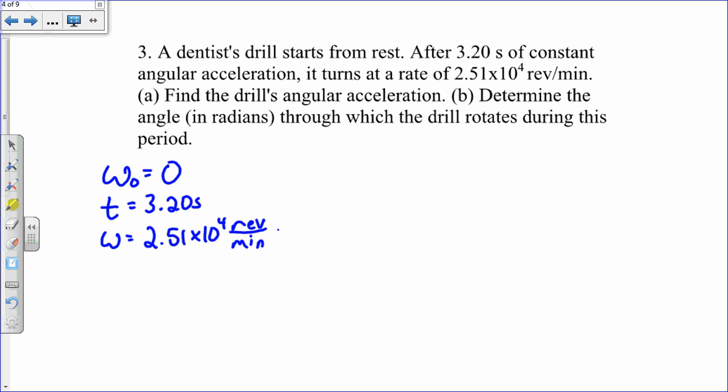I'm going to convert this into radians per second. I'm looking for the answer in radians, so I'm going to express everything in radians and seconds. It's revolutions, 2 pi radians, 1 minute is 60 seconds? And that gives me my omega, 2630.